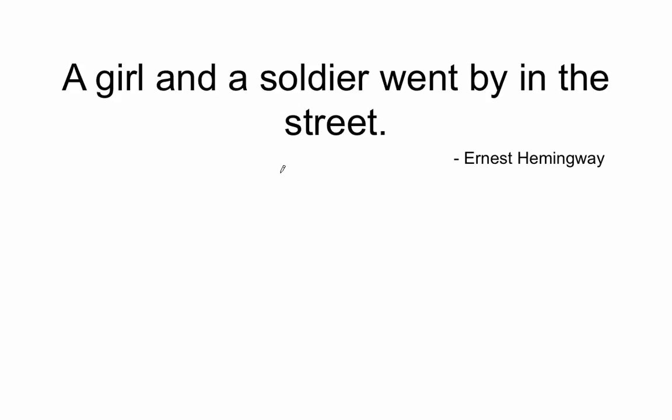Short sentence, but we have to locate the subject. What is the topic, or what are the topics in this case? And the sentence goes, a girl and a soldier went by in the street. So this is an example wherein you have 2 or more subjects. And that's totally possible. Okay, so a girl will be the first subject.